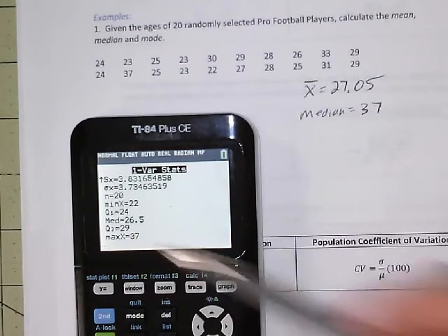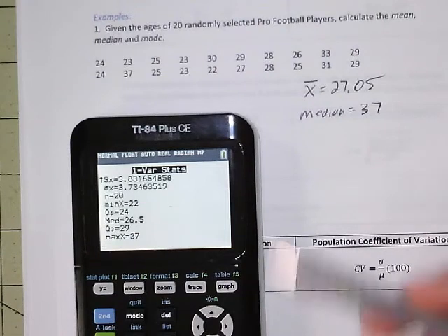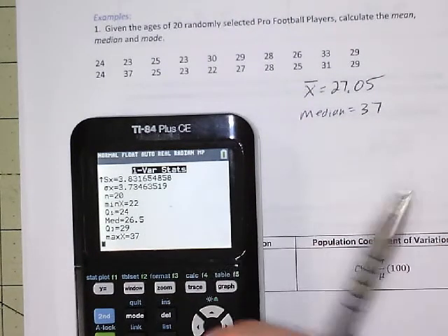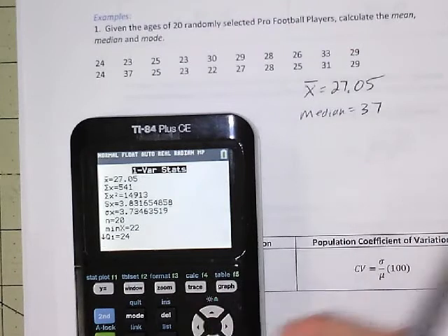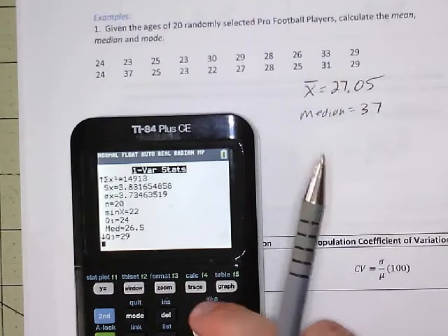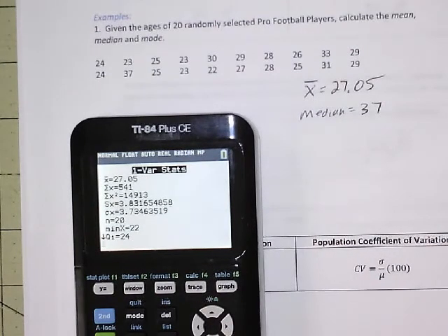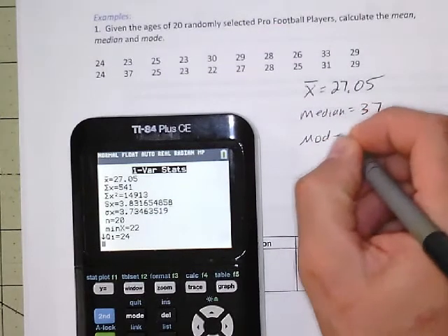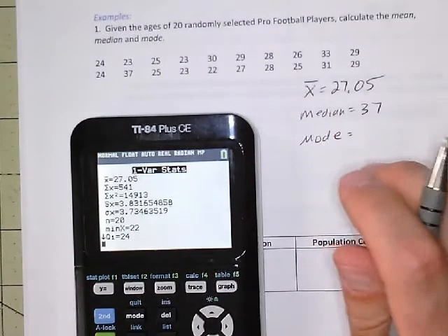So we found out that our mean is 27.05. We know our median is 37. It also gives us our third quartile and our max. So if you took descriptive stats, you know what the quartiles are, and we'll talk about those in a later module as well. So it gives you a lot of information on this one page.